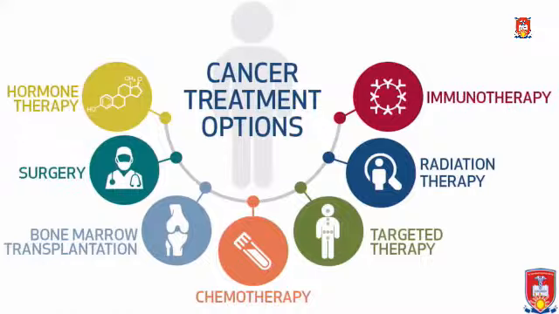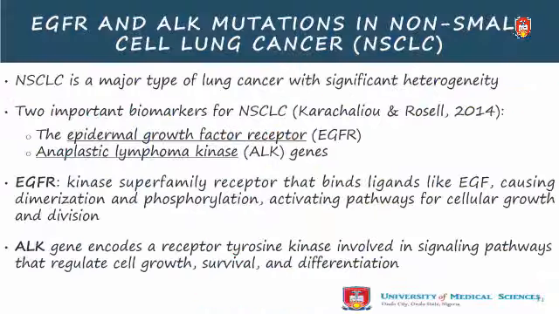I'm just going to run through these cancer treatment options. There's a lot that has happened or is happening right now with genomics. For example, this particular cancer, non-small cell lung cancer, they identified what they called the epidermal growth factor receptor. There are two important biomarkers that they found associated with this cancer.